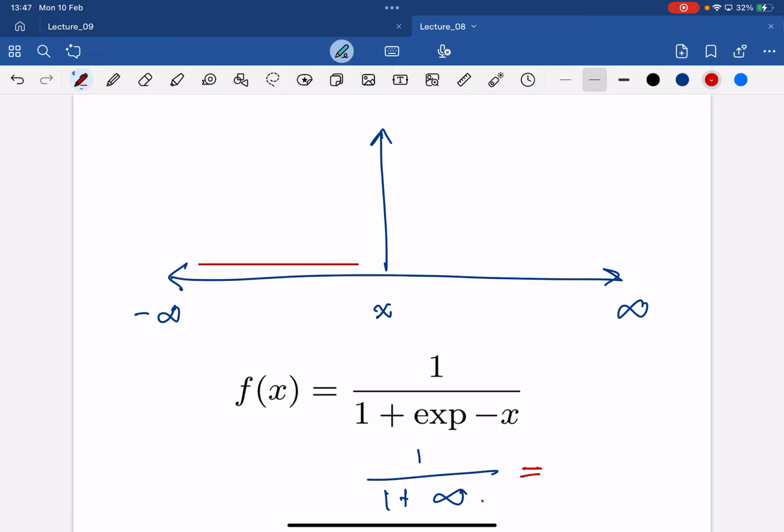When x is equal to 0, then this will be 1 over 2, so that will be 0.5. And when x is very large, the exponential of minus infinity is close to 0, then you have 1. Okay, so that's what you get. That's a sigmoid function.